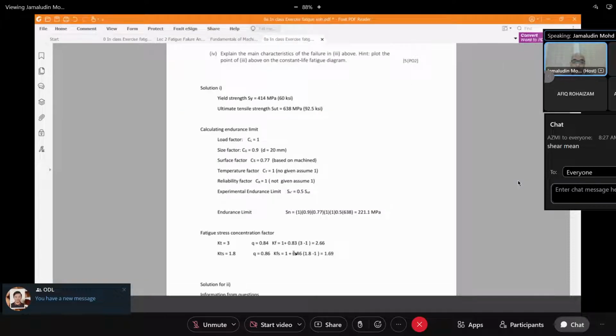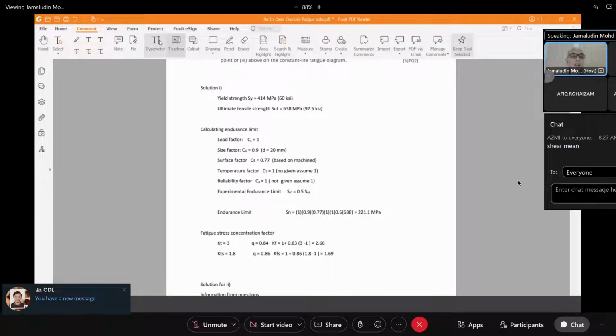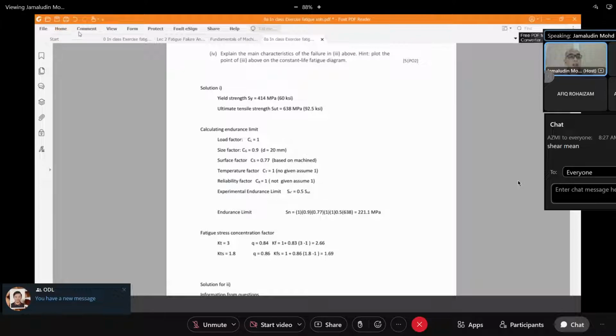Double check with mine. You should get roughly 0.83 for axial loading. KT given to you is 3 and KTS 1.8, and you get 2.699 and 1.6. Those will be the KT and the KTS, the first for axial loading and the second for torque or torsion.